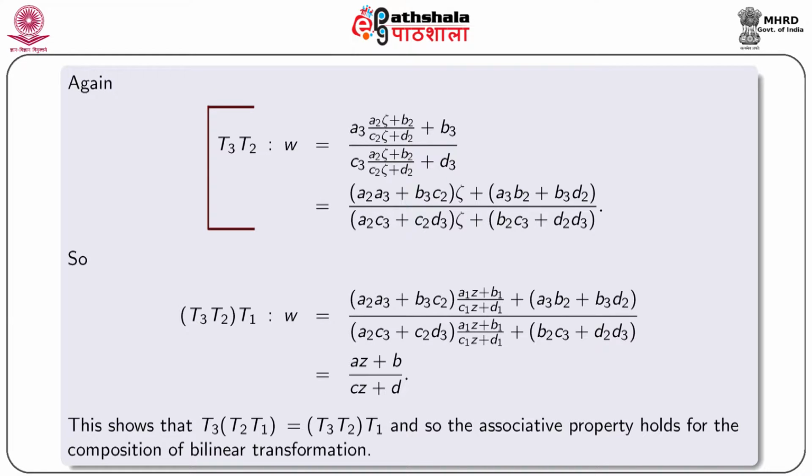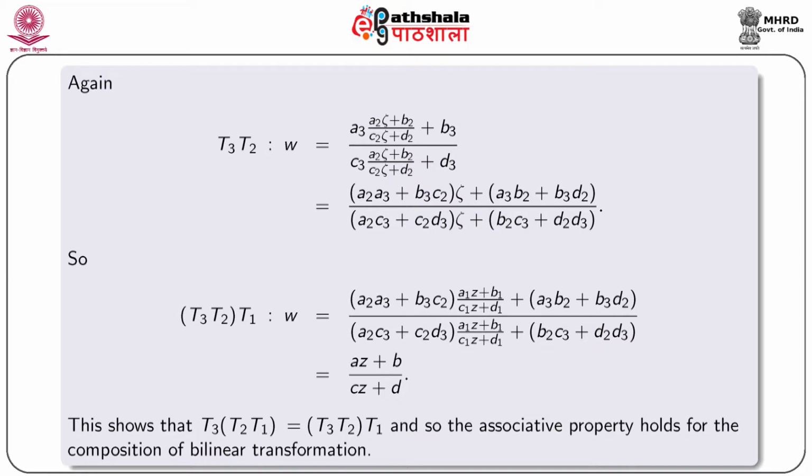Also, T3 T2 is given by w equal to ((A2 A3 plus B3 C2) zeta plus A3 B2 plus B3 D2) by ((A2 C3 plus C2 D3) zeta plus B2 C3 plus D2 D3), and from this we obtain T3 T2 of T1 is w equal to (Az plus B) by (Cz plus D), where A, B, C, D are same as above.